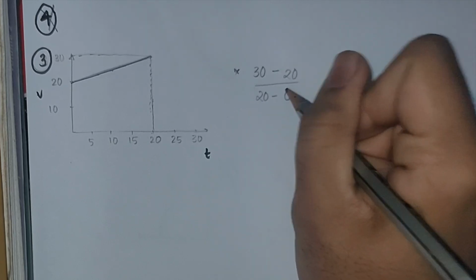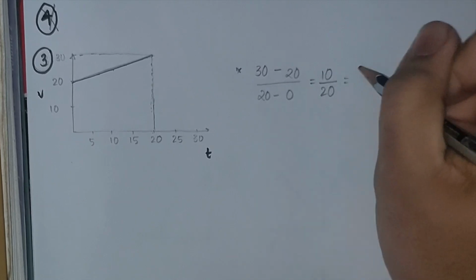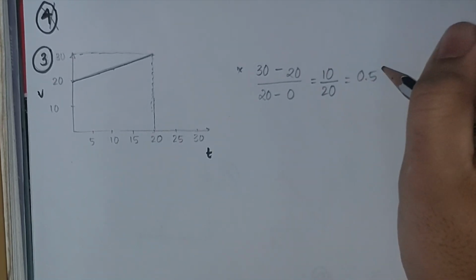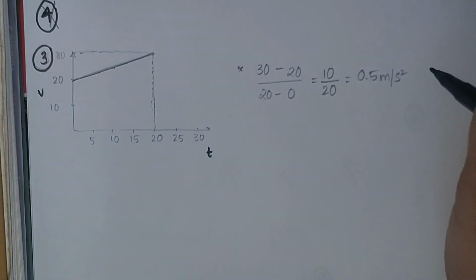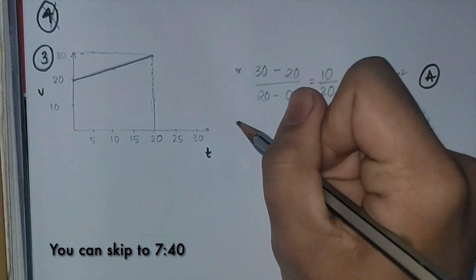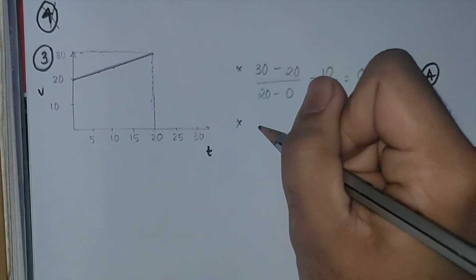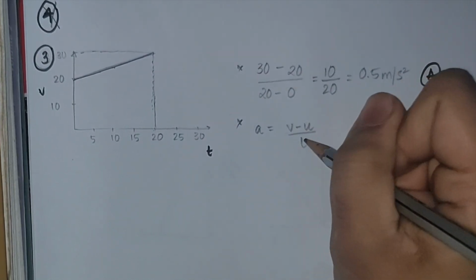Change in y upon change in x gives us 10 by 20, which gives us 0.5 meters per second square. Now we already know that our answer is A, but there are more tricks though. Now there's a second way, that is directly using the formula, which is acceleration equals v minus u by t.